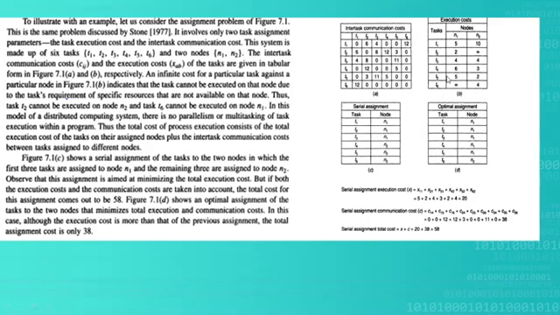In serial assignment, to which node will T1 be assigned? T1 will be assigned to N1, because it costs only 5, which is smaller than N2.